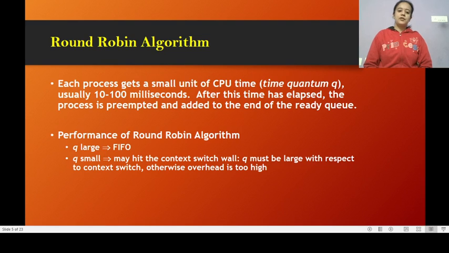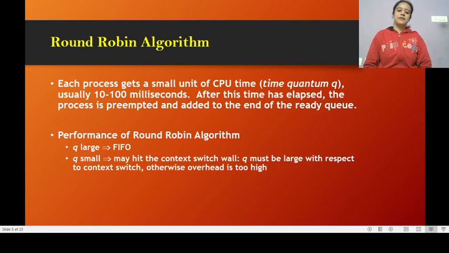Performance of the round robin algorithm: if Q is large, it behaves in first in first out fashion. If it is small, we may hit the context switch wall. Q must be large with respect to context switch, otherwise the overhead is too high. For example, with two processes P1 and P2, each process is given a CPU time of 3 milliseconds.